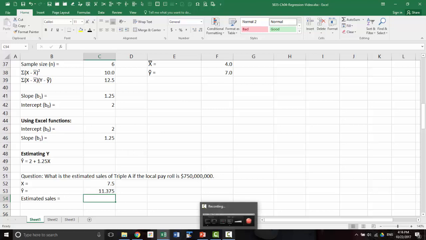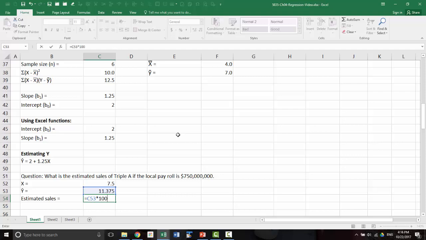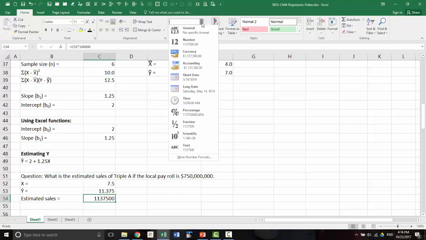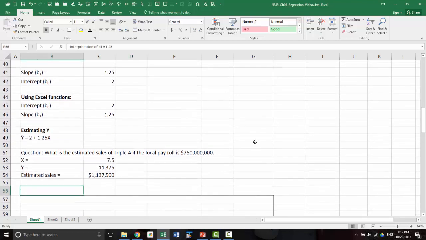So our estimated sales is that Y hat times 100,000. So let's change the format to currency.